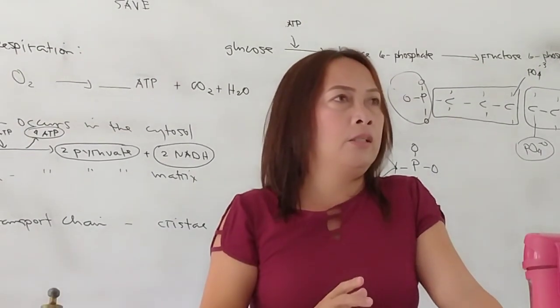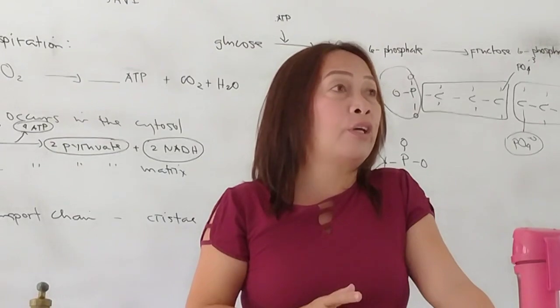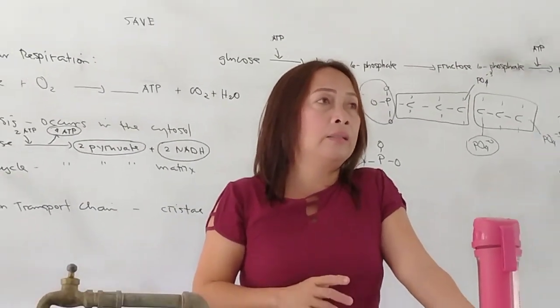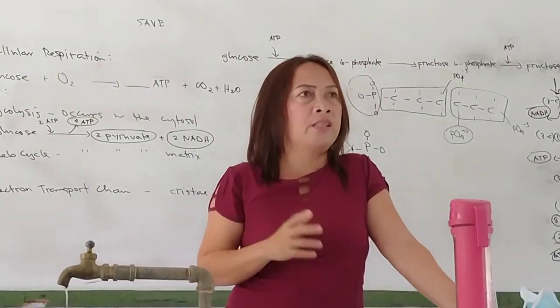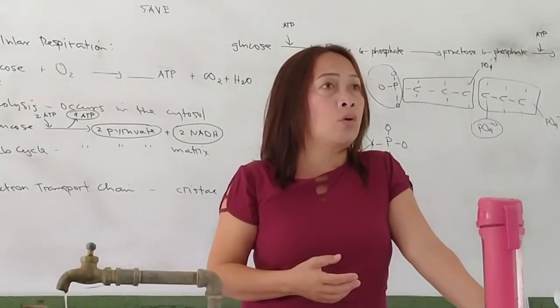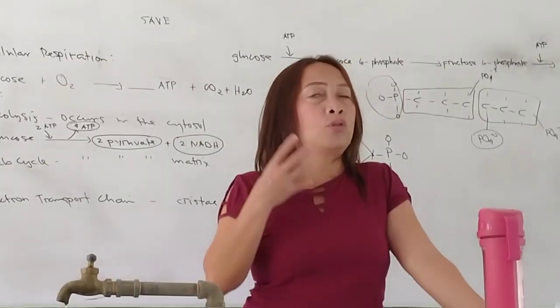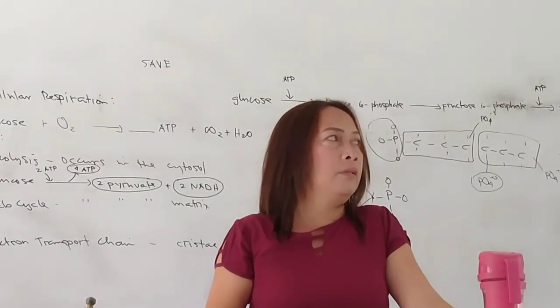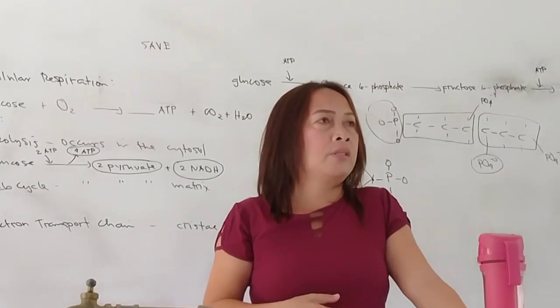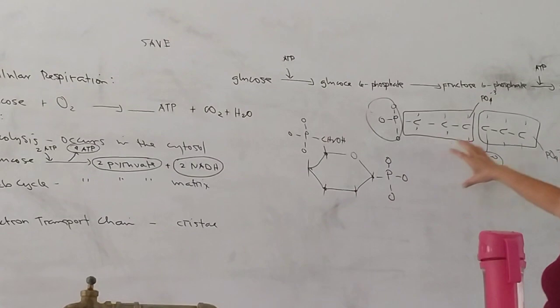That's why without oxygen, the cell will be suffocated, and that's why we will die, especially the brain cells, which take the lion's share in terms of energy requirement.